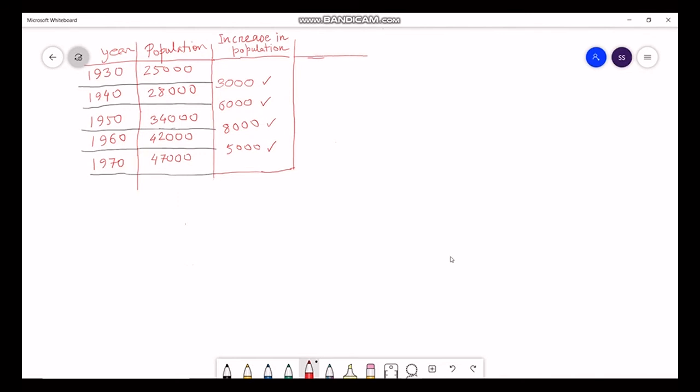Now we will have to calculate the incremental increase in population. So how do we calculate?